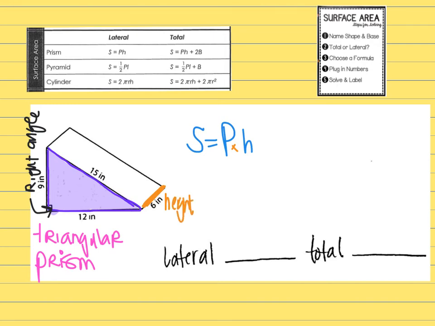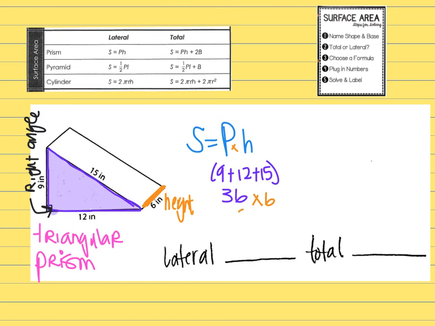Okay? So the numbers on the triangle are 9 plus 12 plus 15. That makes 36. And then the next step for finding just lateral surface area is multiply it by the height, which we just color-coded and labeled as 6. So 36 times 6.